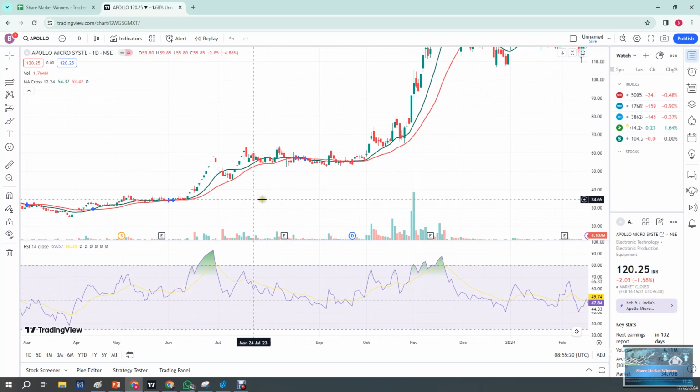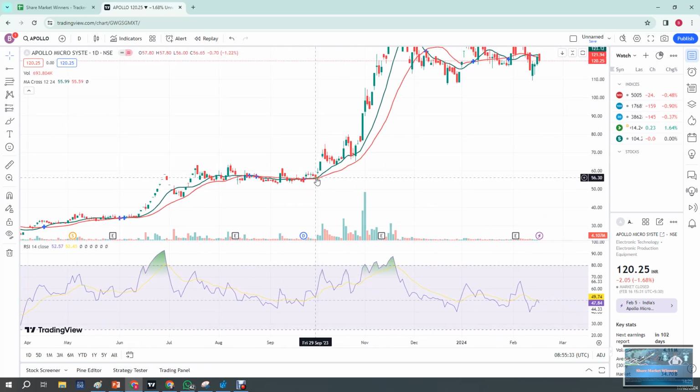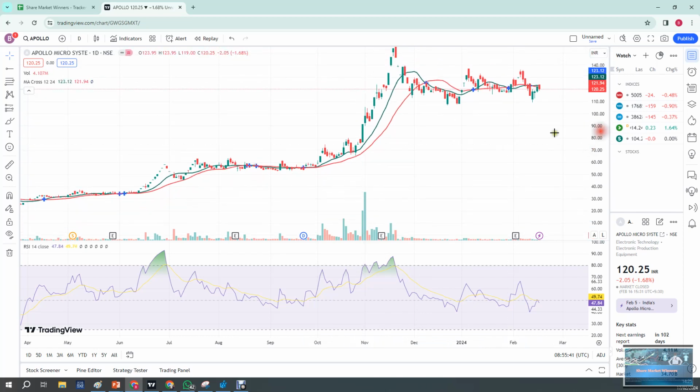Or if you are a long-term investor, you can hold this position for a longer period by understanding the pattern of the two indicators which we have used. If you would have entered from this point, you can hold that until the crossover happens. The crossover is exactly at the point of a peak, where it has gone to the overbought zone.